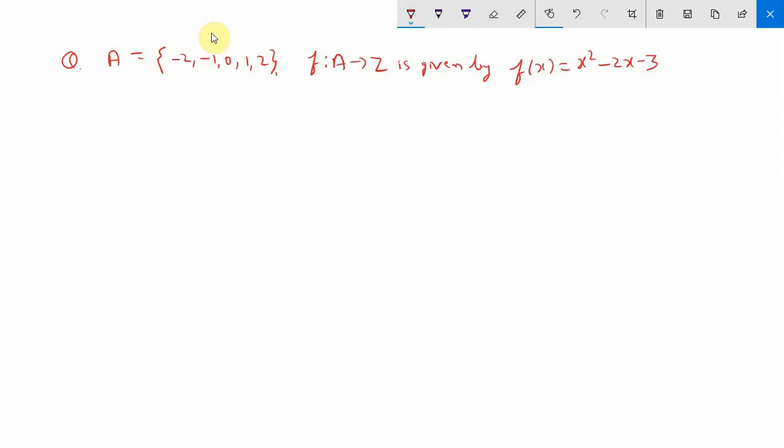Let set A be given as {-2, -1, 0, 1, 2}, and a relation f from A to Z is given by f(x) equal to x square minus 2x minus 3. Okay, so we have to find the range of f.